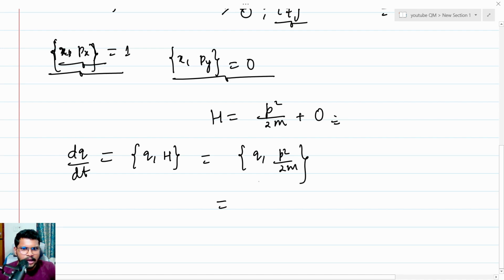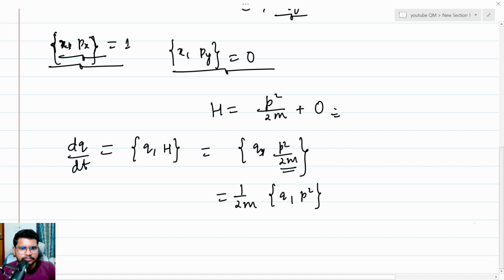Now see carefully how I am doing this. You have to understand that this is basically denoting the partial derivatives. Therefore, this is constant. I can take it outside, the constant. You know, I can always write p square as p times p, correct? So I can write p times p.